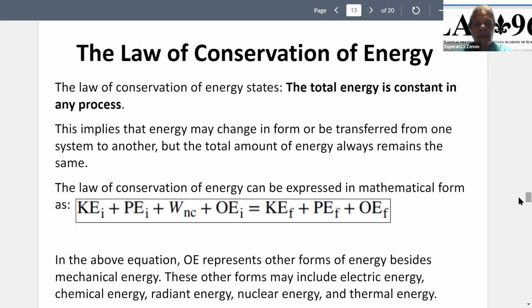Okay, and so in that statement of the conservation of energy, you have all different types of energy, like chemical energy, electrical energy, nuclear energy, thermal energy, all that's built into this much larger mathematical expression of the conservation of energy. Are you going to be using this? No, but you need to understand conceptually that this idea of conservation of energy is very, very important. And when you're looking at it, you have to account for all the different types of energies that are relevant for your system.